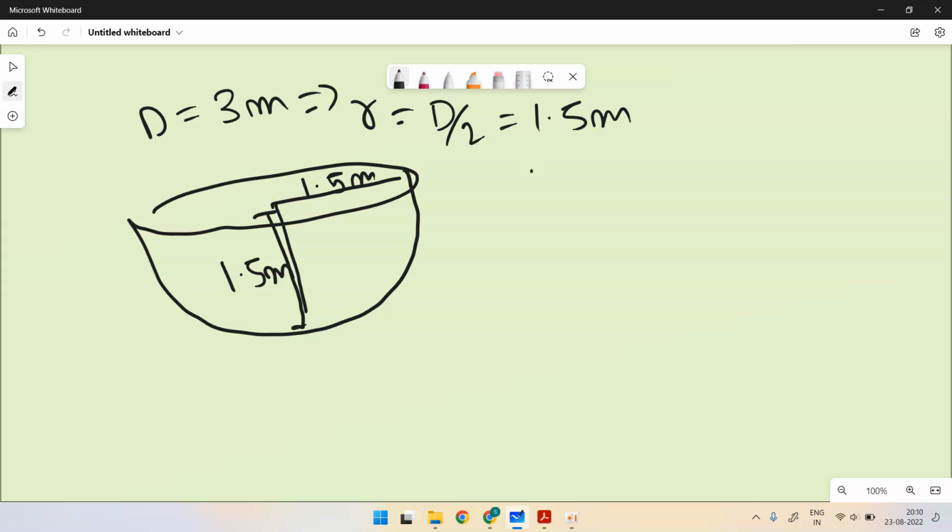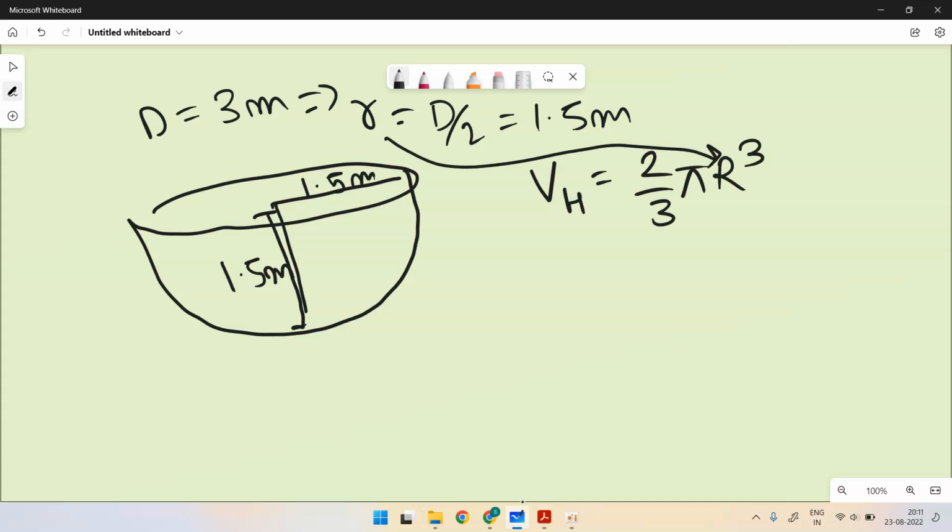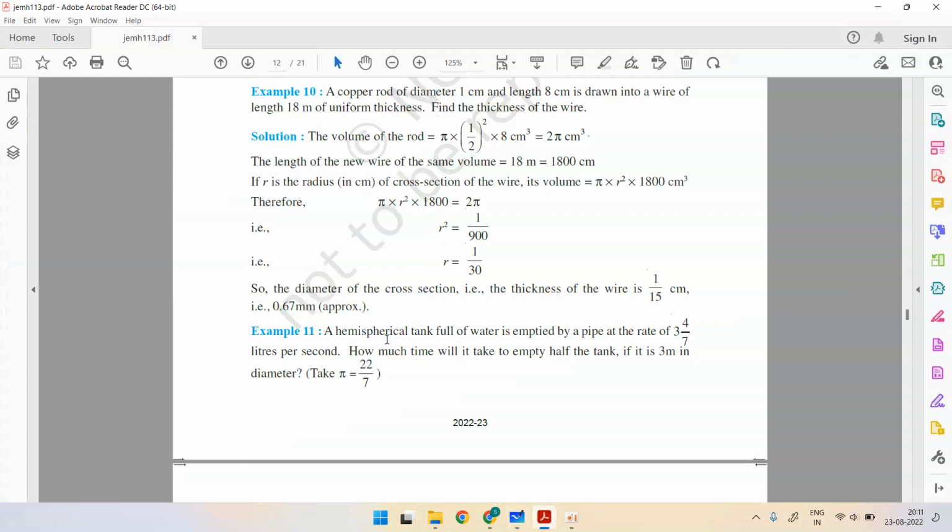The volume of a hemisphere will be 2 by 3 pi r cube. R is there, put in this value, get it done. This is the volume of the hemisphere. Now, the water is getting emptied at this rate per second. How much time will it take to empty half the tank?